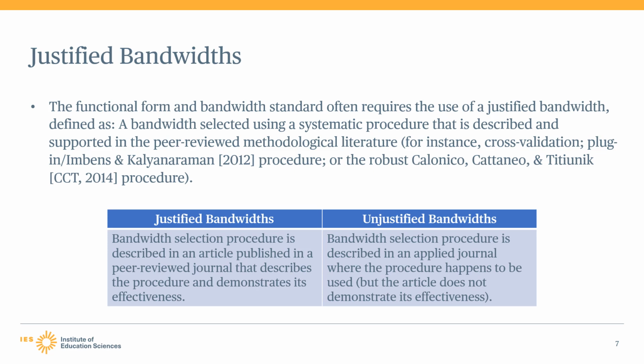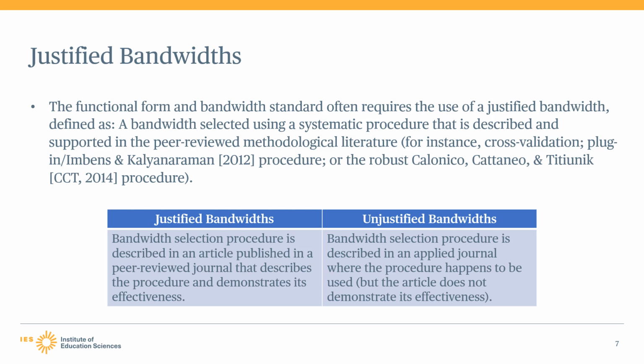Some of the most frequently used procedures are bandwidth selection via cross-validation, the plug-in or Imbens-Kalyanaraman procedure, or the Calonico, Cattaneo, and Titiunik procedure, also known as the robust CCT.